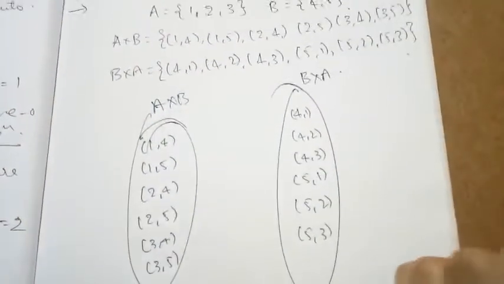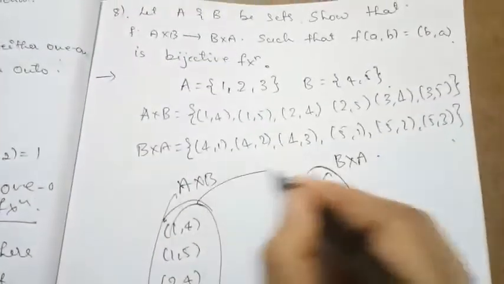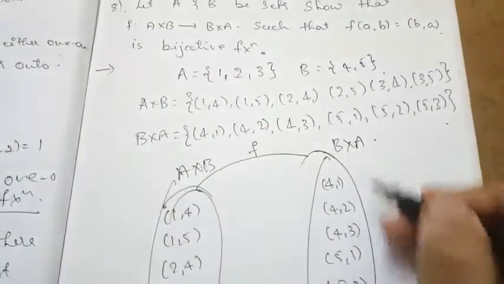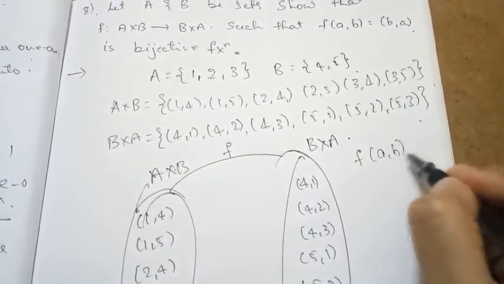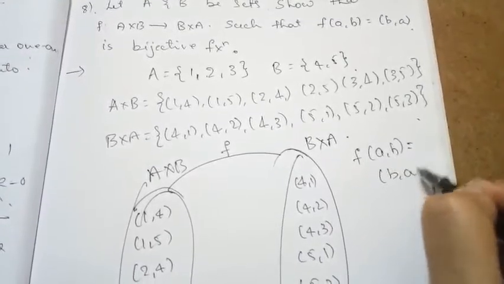They have defined the function f from A cross B to B cross A. How is the function defined? f of (a, b) is equal to (b, a).